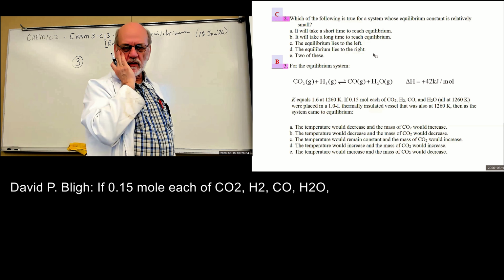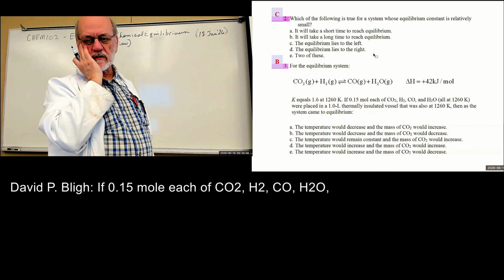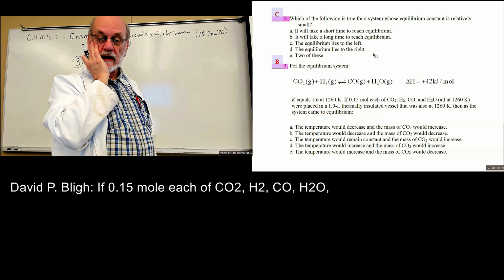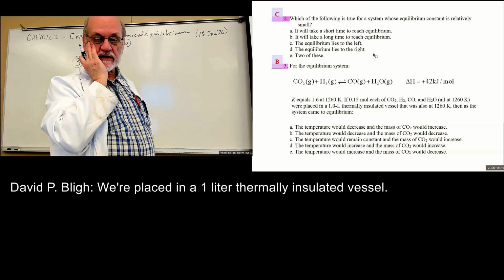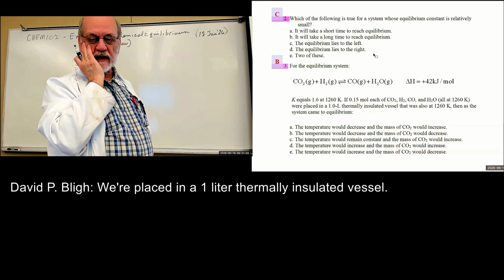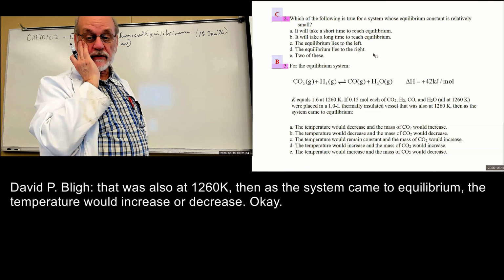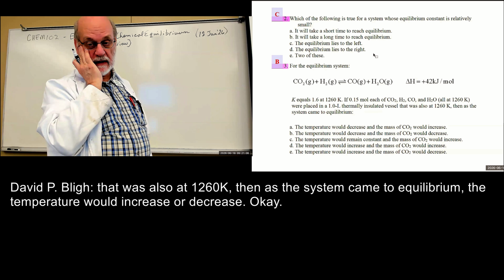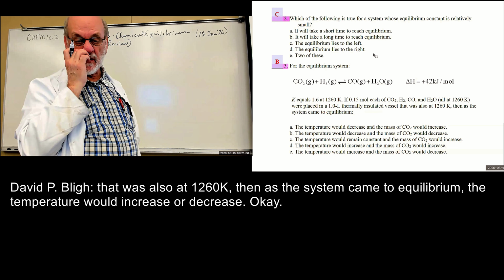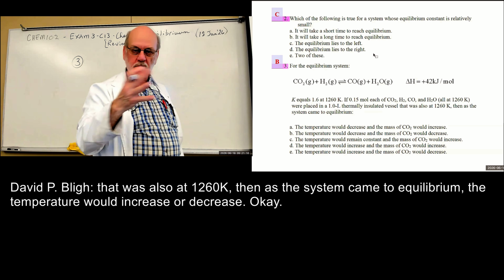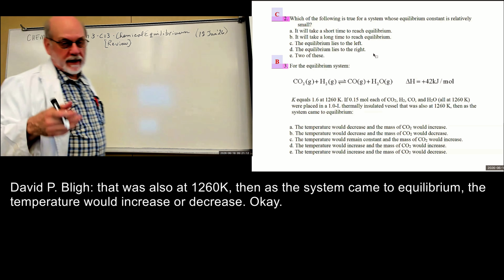If 0.15 mole each of CO2, H2, CO, H2O were placed in a 1 liter thermally insulated vessel that was also at 1260 K, then as the system came to equilibrium, the temperature would increase or decrease.